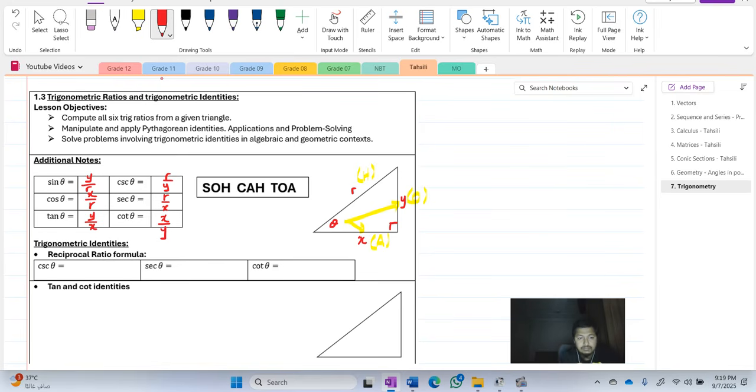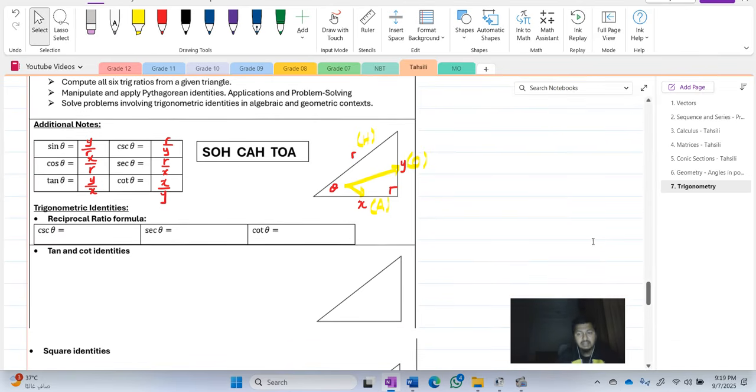Now since we did reciprocal ratios, what we can say here is that cosec is 1 over sine theta, sec is 1 over cos theta, and cot is 1 over tan theta.